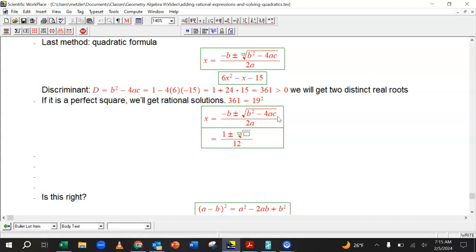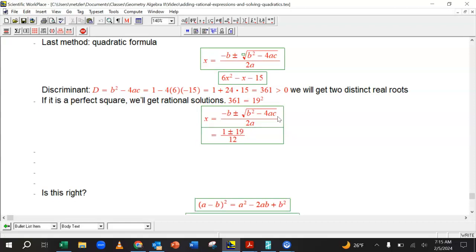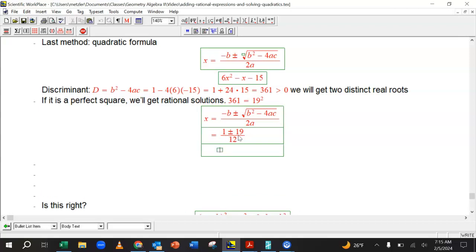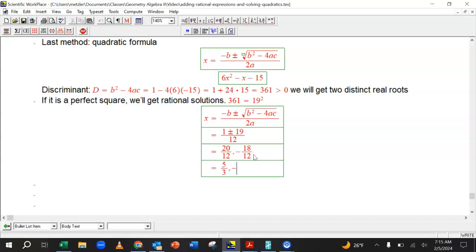Plus or minus root, and I already calculated the discriminant and even its square root, plus or minus 19. Notice it's basically in the same form as the completing the square answer, and we've seen that that's 20 over 12 or minus 18 over 12, and again, that's 5/3 or minus 3/2.